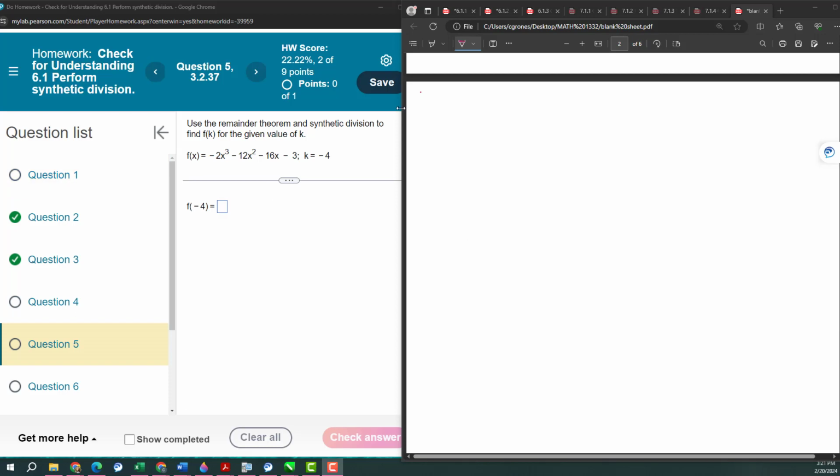So in order to find this, my f of x equals 2x cubed minus 12x squared minus 16x minus 3, and then k equals negative 4.